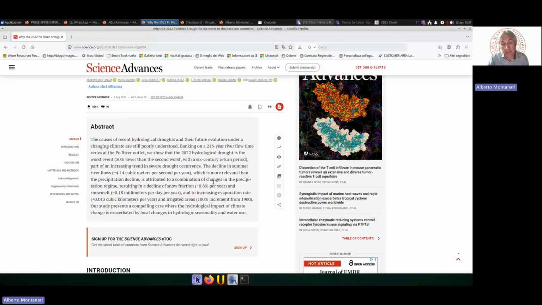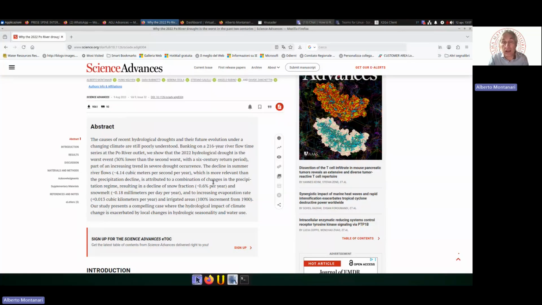And then there is the last sentence, which is presenting the innovation and why the innovation is important. Our study presents a compelling case where the hydrological impact of climate change is exacerbated by local changes in hydrologic seasonality and water use. So here we are saying why it is important.